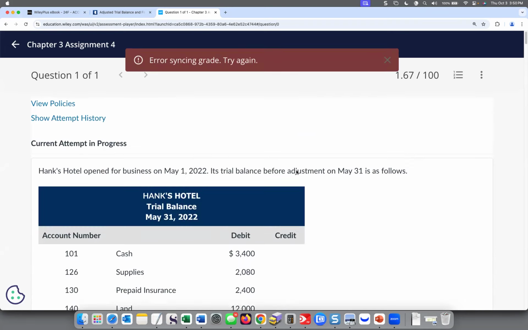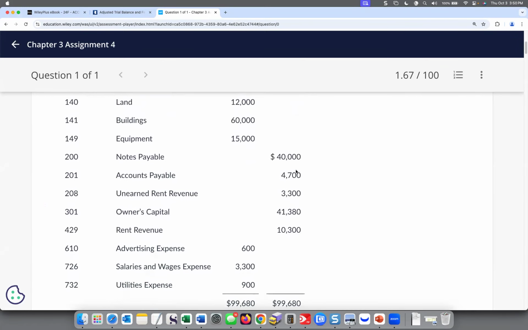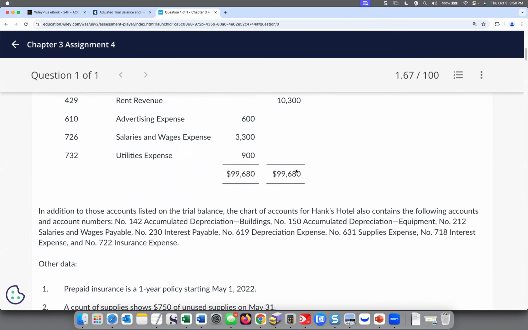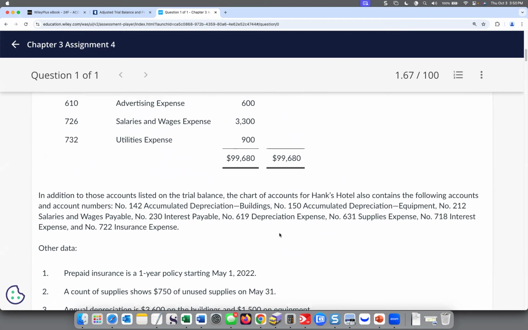In this problem, if it's in here, it's down here: we've got the accumulated depreciation buildings and accumulated depreciation equipment. Each of those has its own individual accumulated account, and depreciation expense is going to be the thing that you throw the total into.